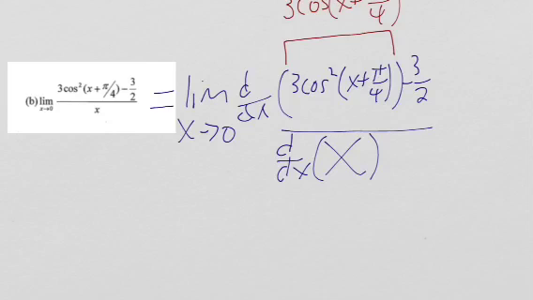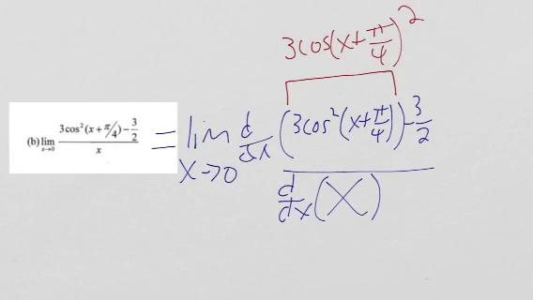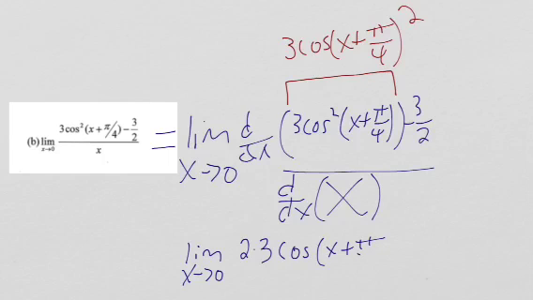So, here we go. When we do our power rule, the 2 is going to come out front. We're going to get 2, and this is still the limit as x approaches 0, 2 times 3, that's just from the power rule, times cosine of x plus pi over 4.